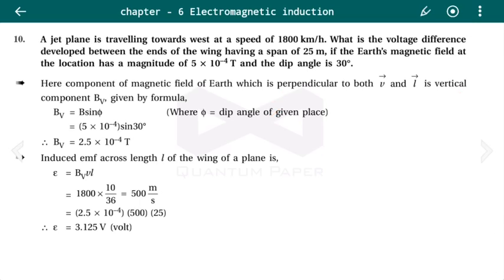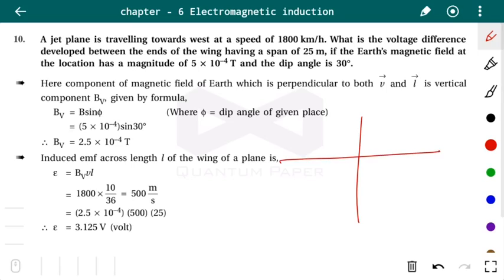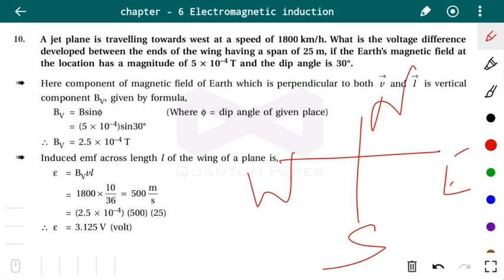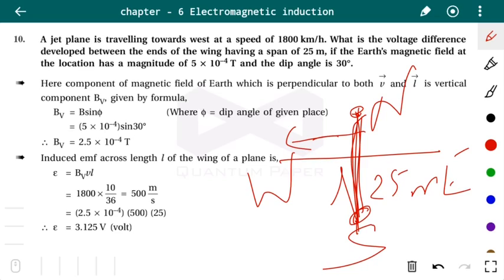So here, as said, with north, south, west, east directions, the jet plane is moving along this direction. That means here will be the wings. The length of this wing will be 25 meter. Here it is considered as L. The jet plane is moving in the west direction, so velocity will be in that direction.